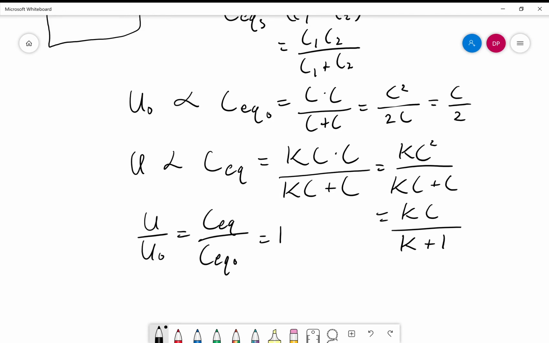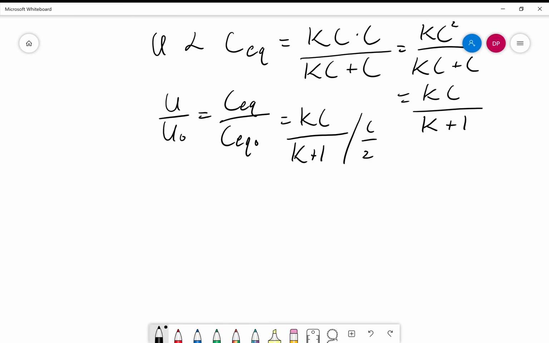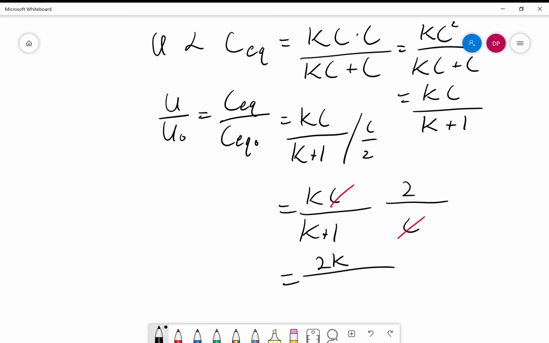Okay, let's see what that is. So that's what it's going to look like. And we can just multiply it by 2 over C, employ the reciprocal rule, just simple fractions really. And then our C's are going to cancel. And this is going to be our ratio.